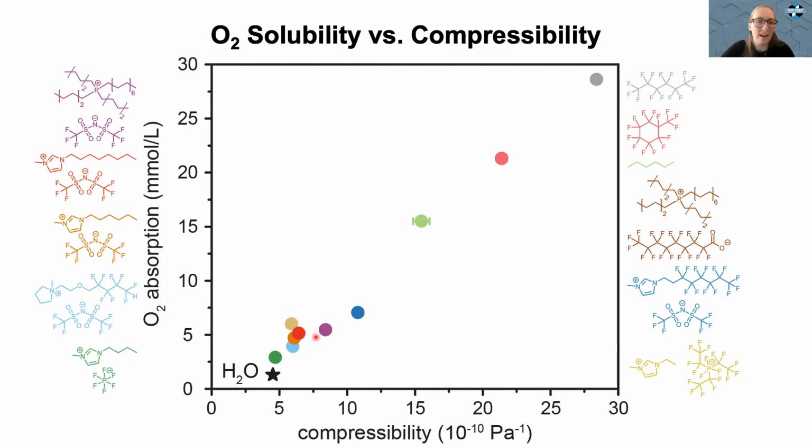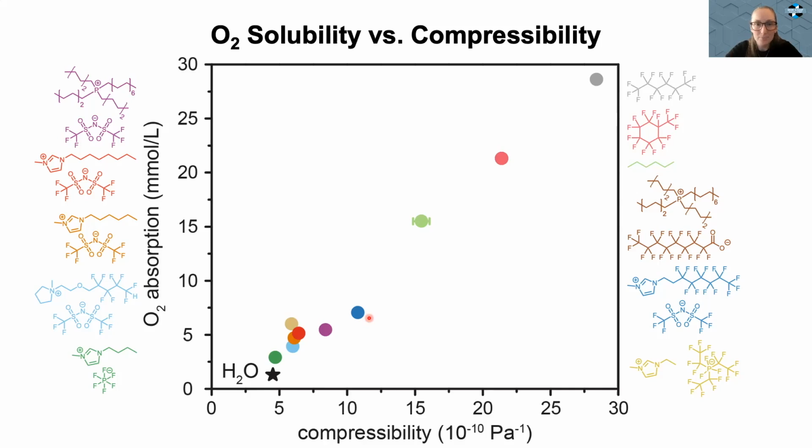Our ionic liquids with a high degree of fluorination in the middle, such as this blue structure, have intermediate values. This is really interesting because it tells us that compressibility and oxygen absorption are trending with each other, and that something about what the compressibility is reporting on is important for solubility.